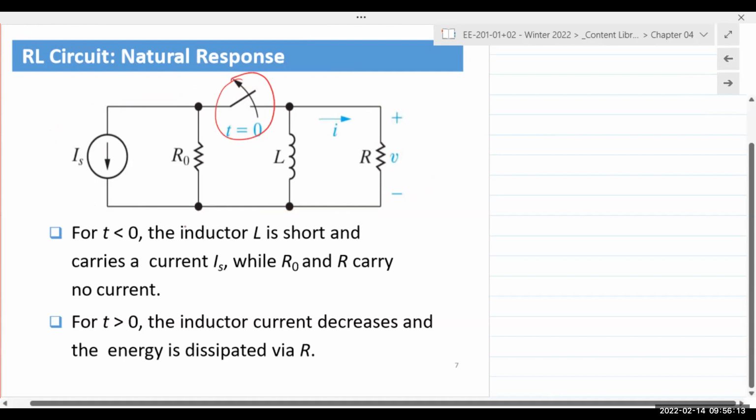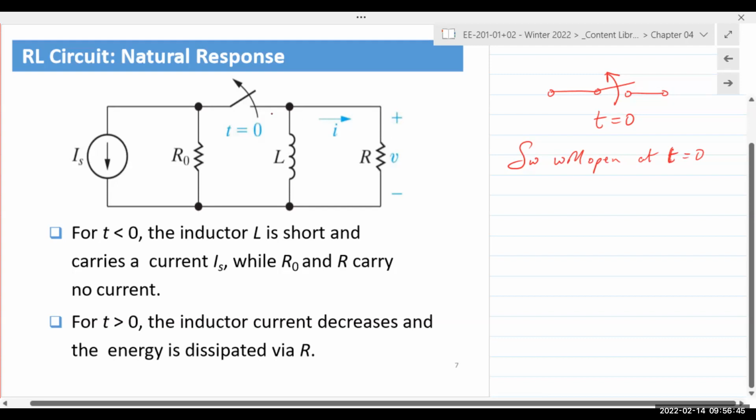Think back to chapter 1 when I said you would have an arrow either pointing down or going up. So when it's going up, and there's a reference which says t equal to 0, it tells you that the switch will open at t equal to 0. Okay, yes.